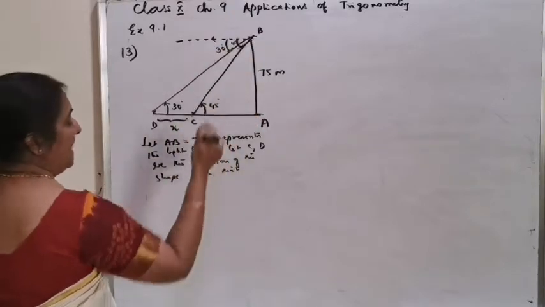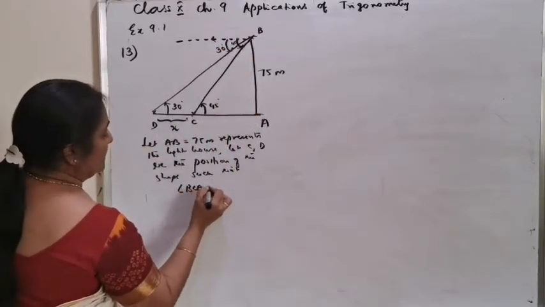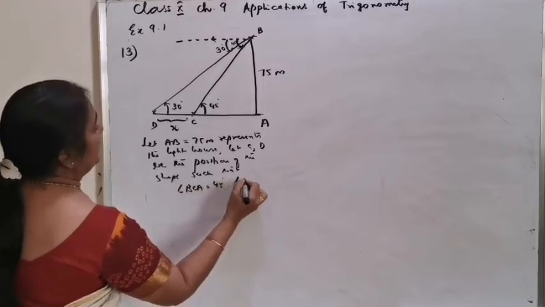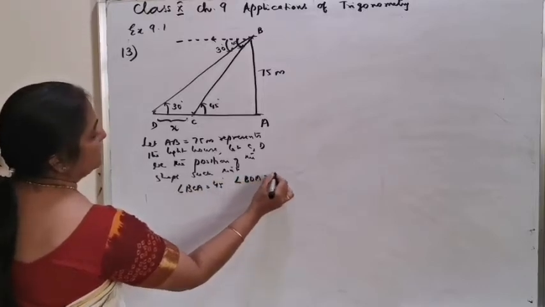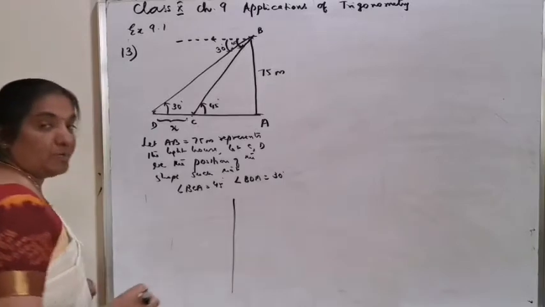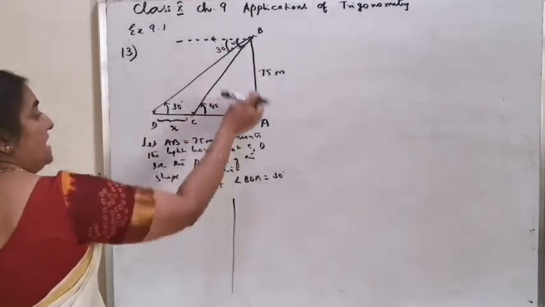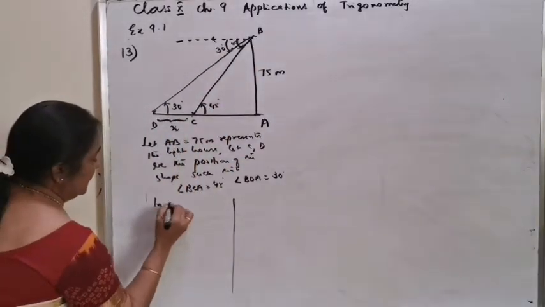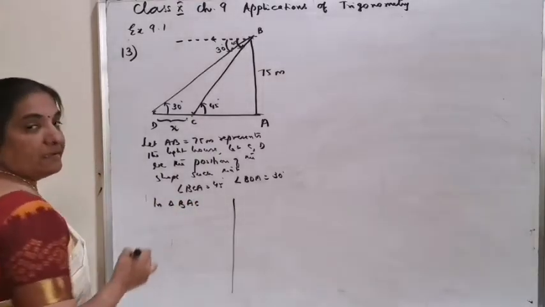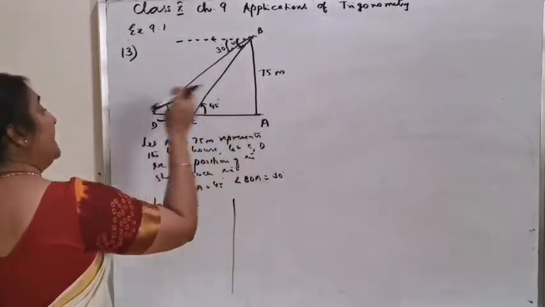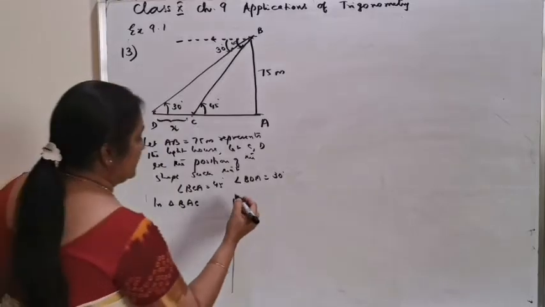Angle BCA is equal to 45 degree and angle BDA is equal to 30 degree. Which are the two right triangles? Triangle BAC is the first right triangle. Second one BAD.